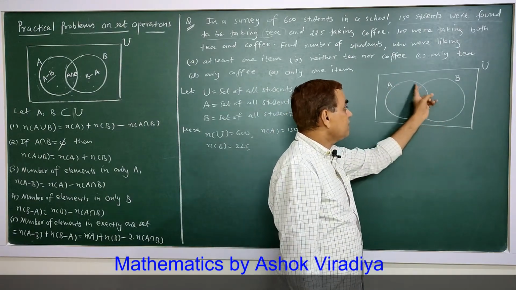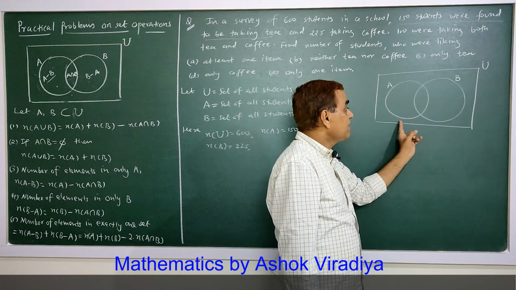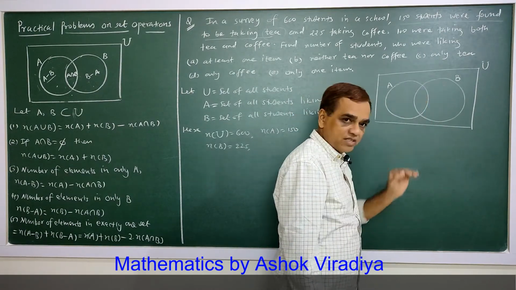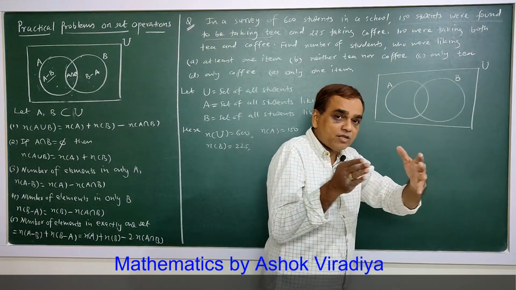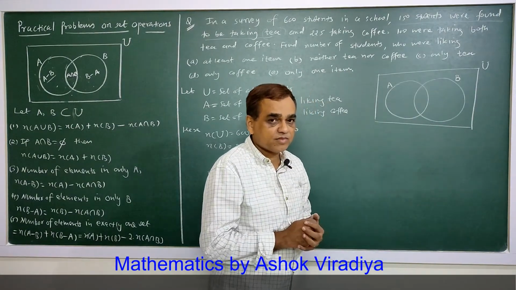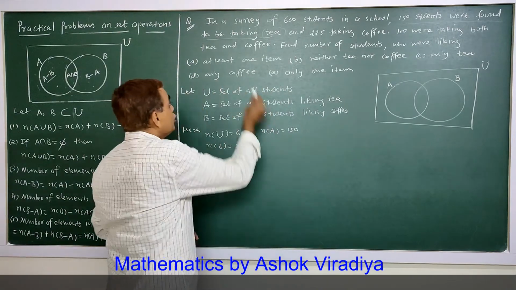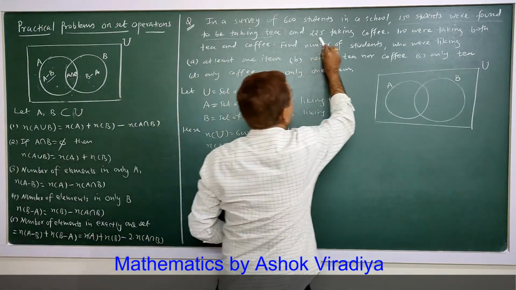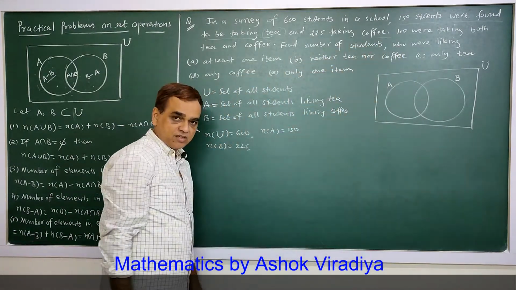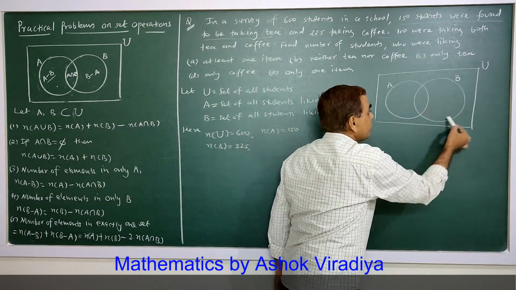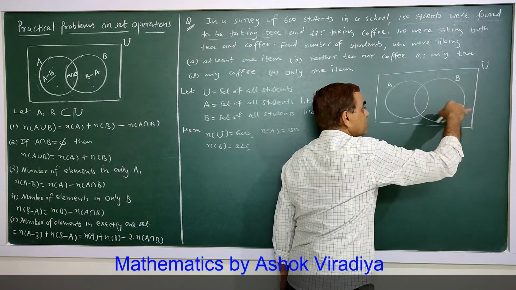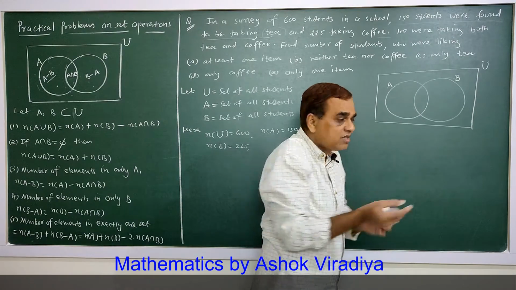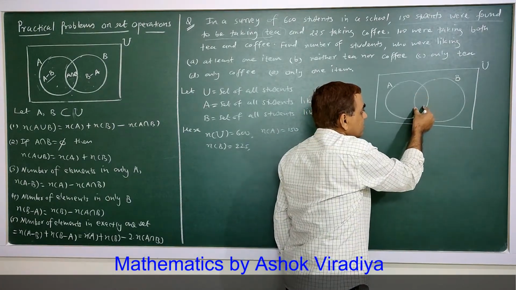In this region the number of elements is 150, among which there may be a few students who also like coffee. There may be some students in common. Similarly, 225 students like coffee. Means in this region there are 225 students liking coffee, and maybe a few students are in common.